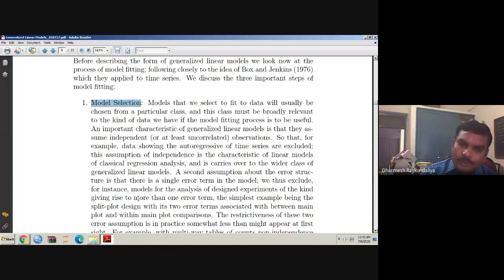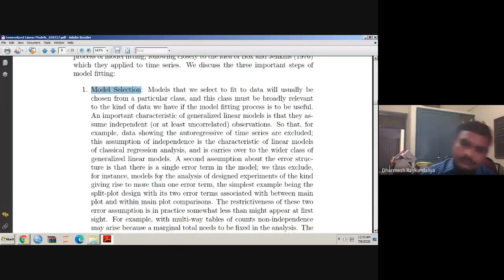Are we in a position to see that this data satisfies the basic assumptions of a generalized linear model? If yes, then we can proceed. The restrictiveness of these two error assumptions is in practice somewhat less than it might appear at first sight. Sometimes we cannot realize this easily.